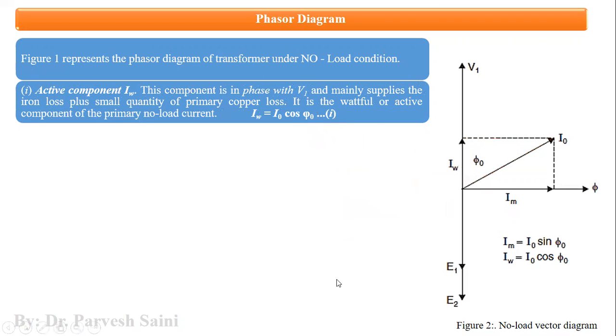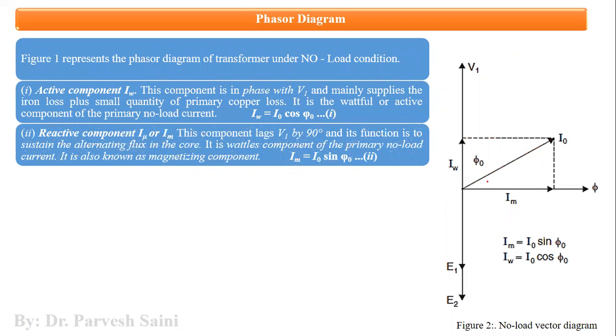Now, this Im or I mu is also known as the reactive component, magnetizing component or wattless component. You can name it any particular way, right? All are true. It is a reactive component because it is responsible for the imaginary or virtual effect in the core of the transformer, that is, the magnetization of the core.